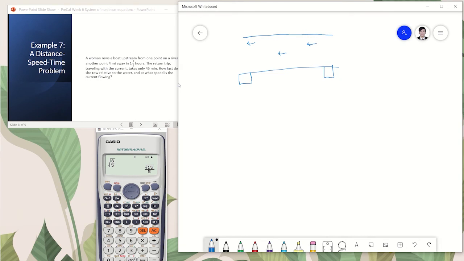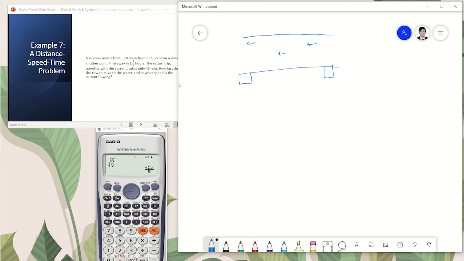When we talk about upstream, it means a person is going against the flow, or the current, of the river. If we say downstream, that means the boat follows the flow of the current.